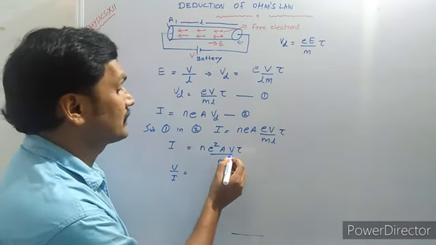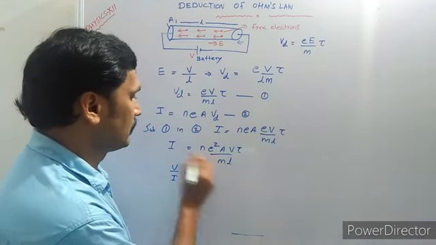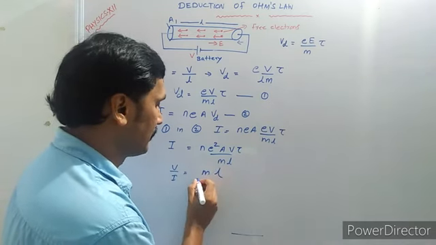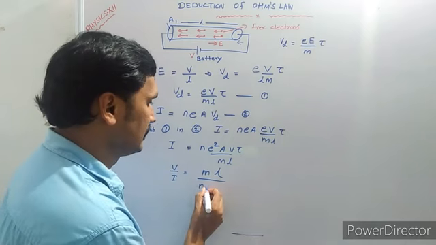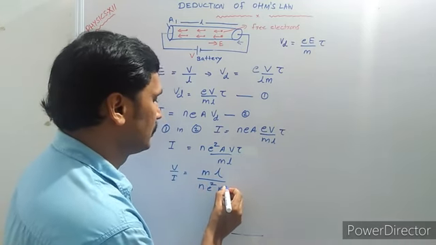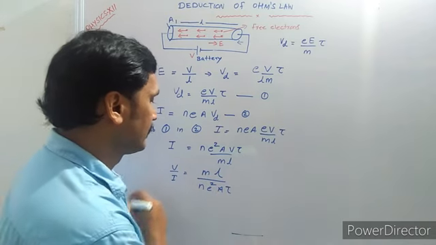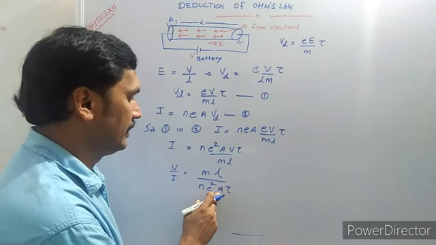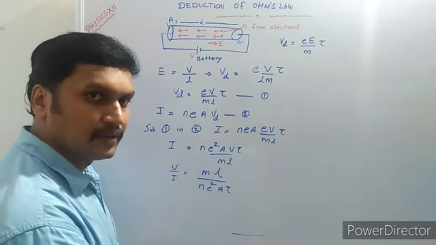Then V by I is equal to m L by n e square A into relaxation time.